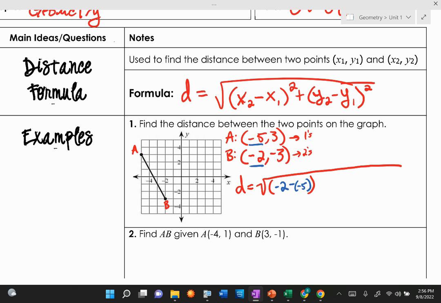In between, you need to put an addition sign. The most commonly missed thing about this last year was geometry students forgetting the exponent. You've got to square it.